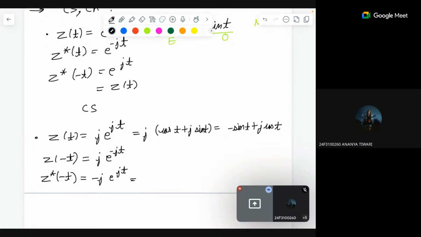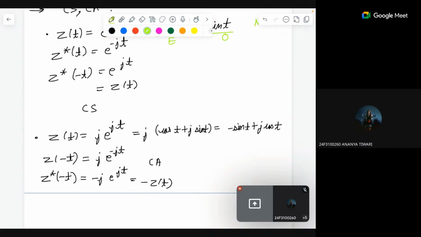Is this fine? So what we get is z star of t is minus z(t). So this is the condition for conjugate asymmetric, right? If it would have been equal to z(t), then it would have been conjugate symmetric, but it is conjugate asymmetric. This is fine.